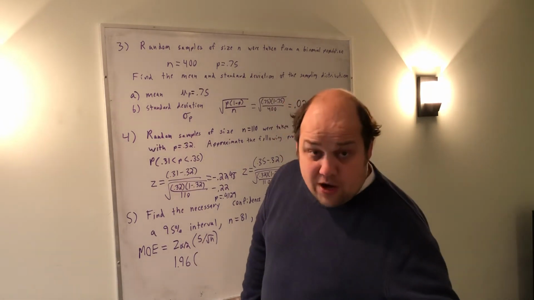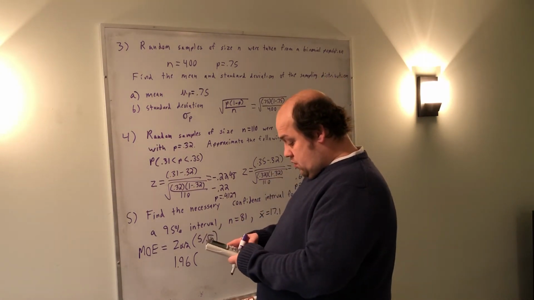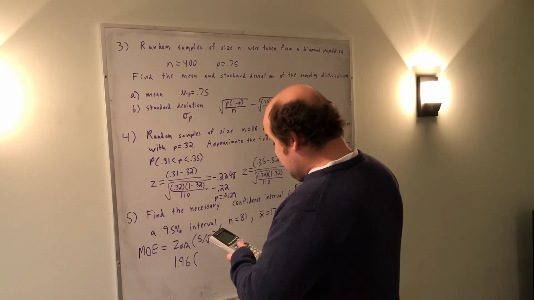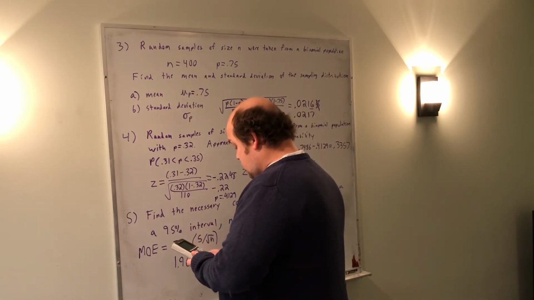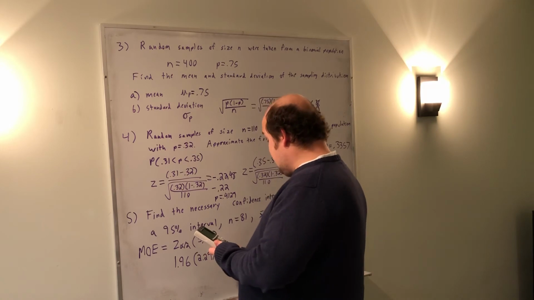I know s squared is 5.25. So I need to take the square root of 5.25, which they tell me is 2.29. So I'm going to put here 2.29. I'm going to divide that by the root of n, in this case the root of 81.